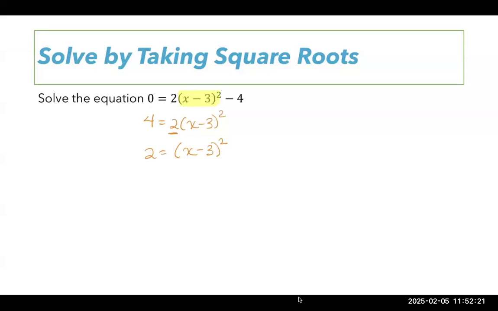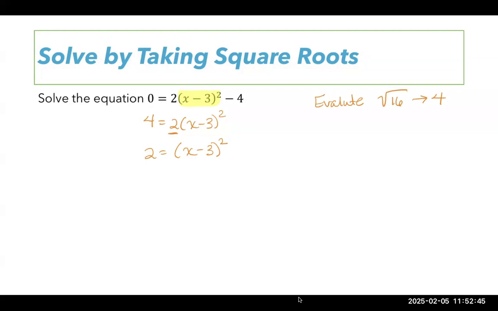One thing to keep in mind when you are working with square roots: when you are just asked to evaluate a square root, if I ask you what is the square root of 16, we usually only give the positive, or what's called the principal root, as an answer. So the square root of 16 is 4.